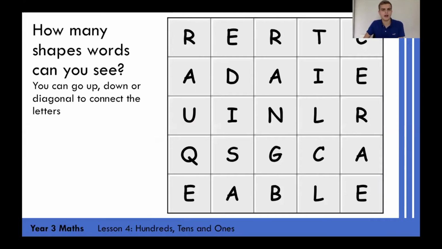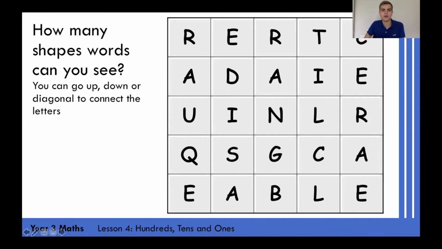Now, our starter today to get our brains working, I have hidden some shape words in this grid, and you can join the letters by going up and down, diagonal and across, up to you, to make different words. Now, most of the words I've hidden are words to do with shapes, so the name of shapes and different parts of shapes.